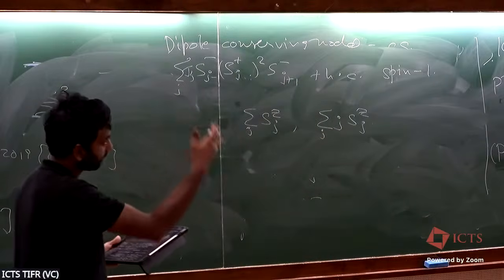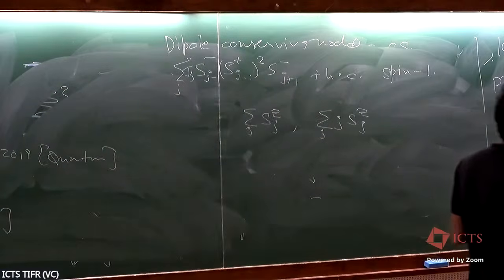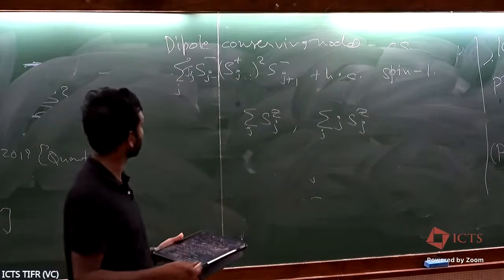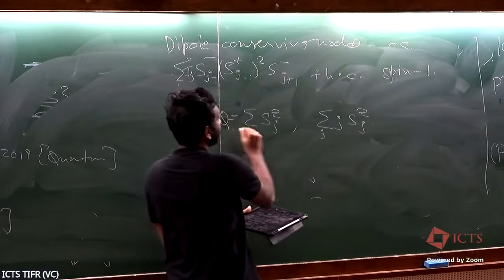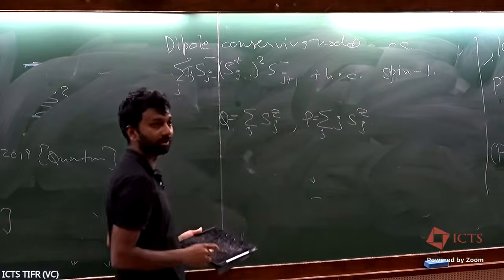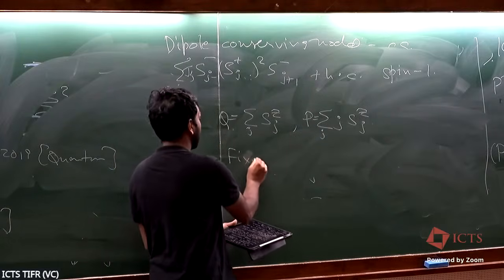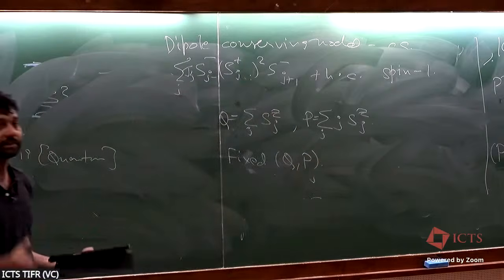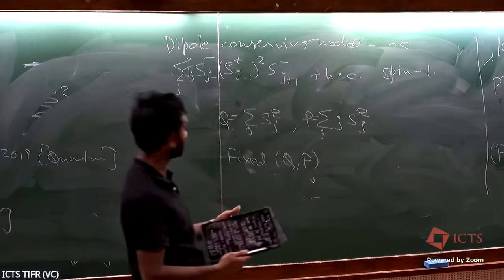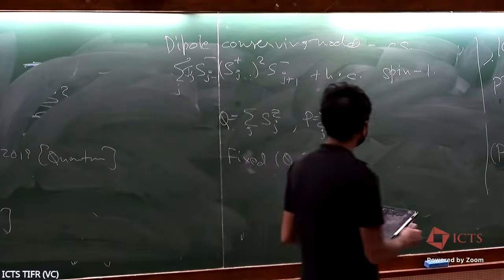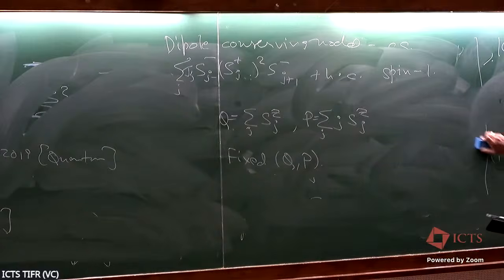So again, from my earlier expectation of symmetry restricted thermalization, I would expect that if I start with a state which has a fixed quantum number of these charge and dipole symmetries, so fixed Q and P, the state would explore all of the states in this symmetry sector, right? But you can easily see that that is not the case, and you don't even need quantum mechanics for this.